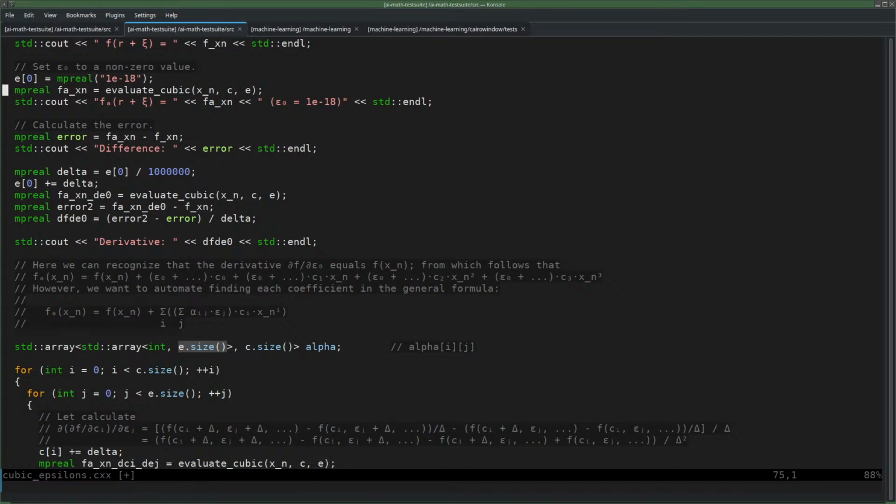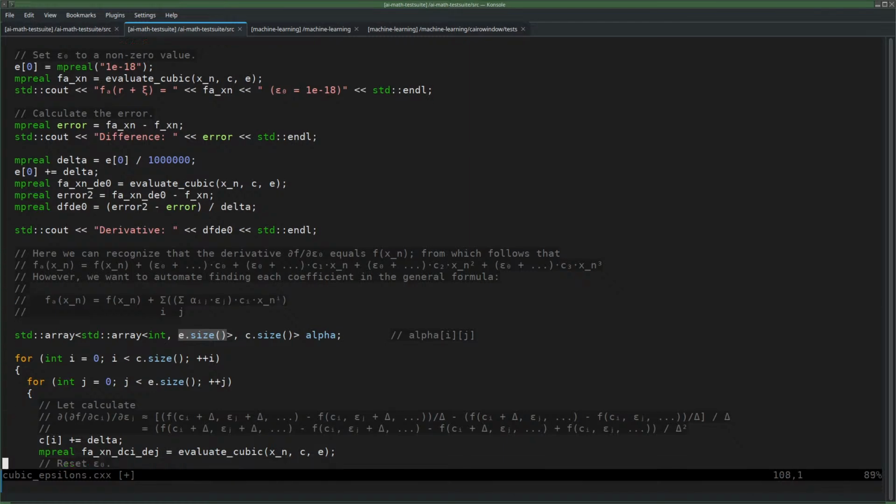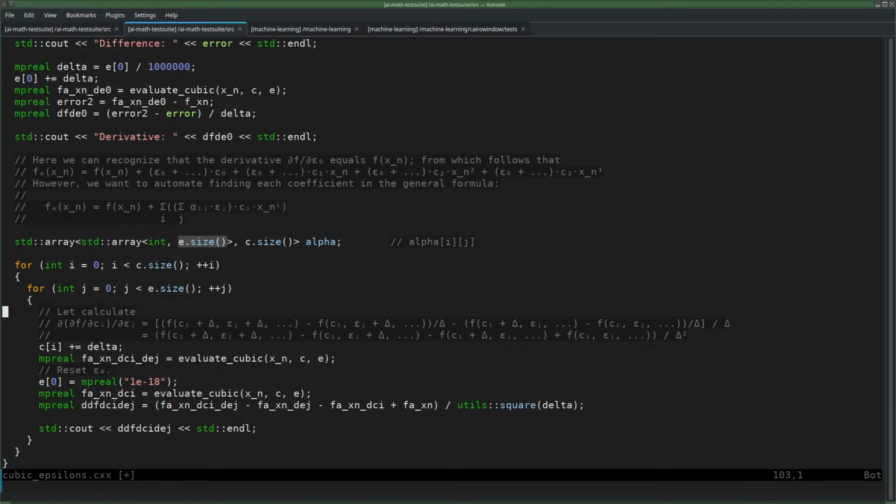No, that doesn't matter. But yeah, I probably should just calculate everything. So also these two. Again, I just do that here inside the loop.